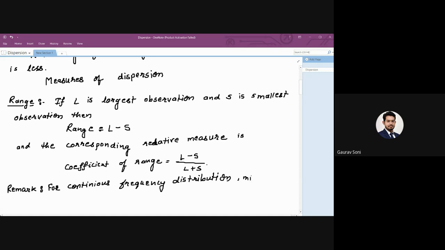The mid values of the first and last class are taken as the largest and smallest.